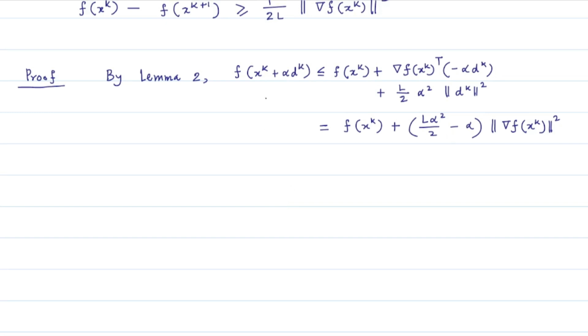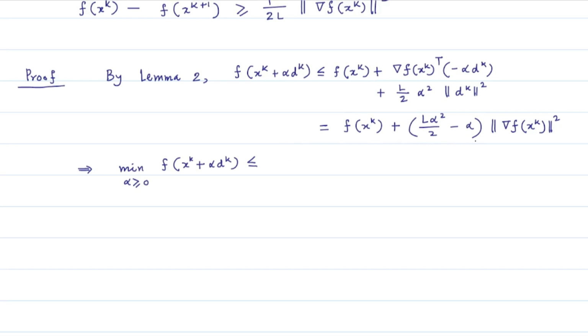So by taking the minimum over alpha on both sides, we will get the minimum over alpha greater than or equal to 0 of f(xk plus alpha dk) is less than or equal to the minimum of this quantity.